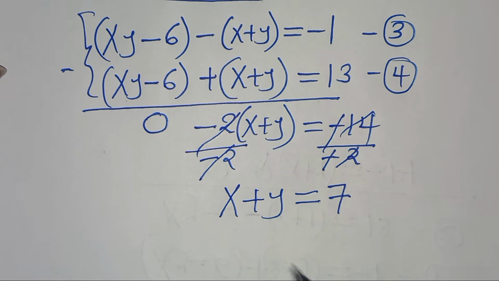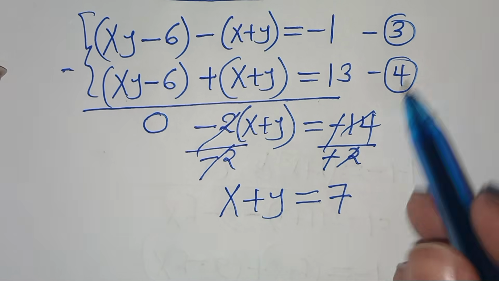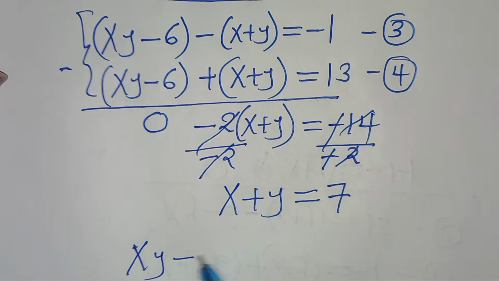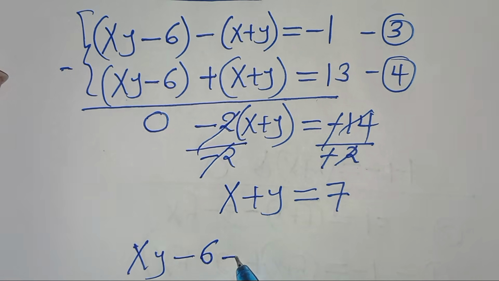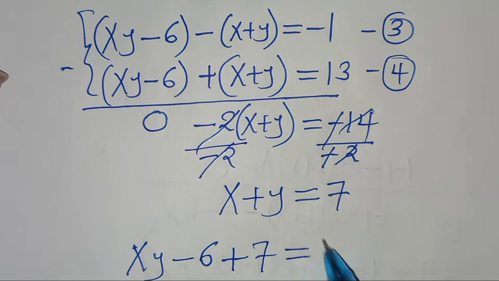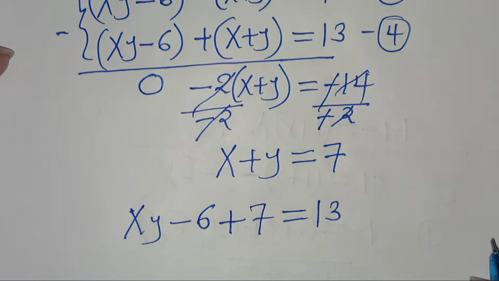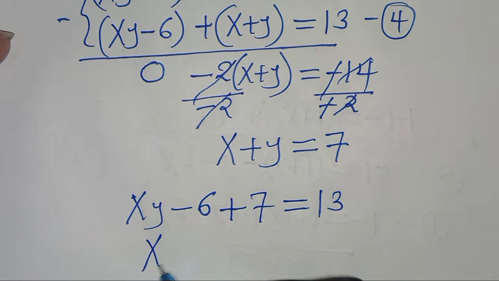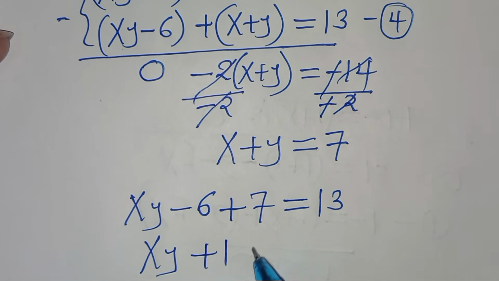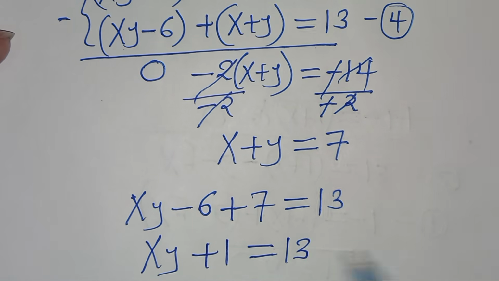So we have x plus y equal to 7. From equation 4, which is xy minus 6 plus x plus y, which is 7, this is equal to 13. So this means xy minus 6 plus 7, this is plus 1, is equal to 13.